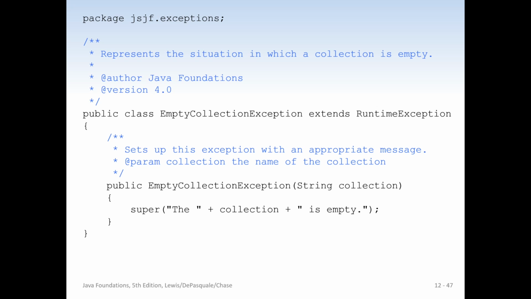So, for example, in our stack, it would say the stack is empty, and that would be our exception. It would pass that in to the runtime exception constructor, right? Because the runtime exception constructor takes a string parameter that's the error message. So this basically just constructs an error message from whatever it is that it passes in.